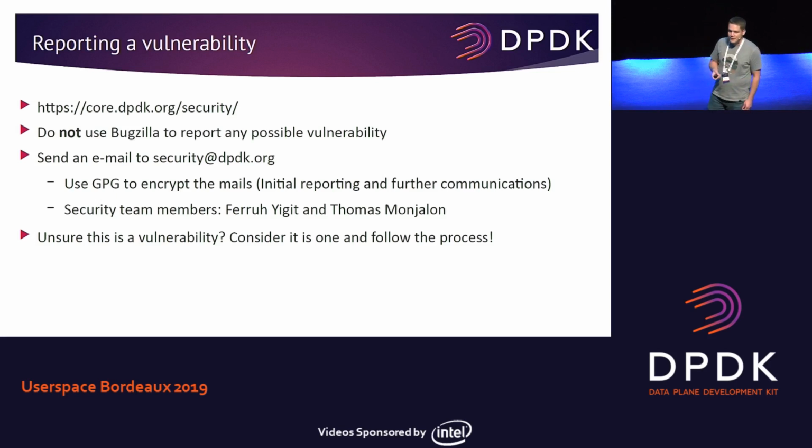Instead, you have to send an email to security@dpdk.org. This email should be encrypted with the keys of Thomas and Ferruh, who are the security team members. Even if you're not sure the bug you found is a vulnerability, consider it is one and follow the process. It is better to be overcautious than sorry.